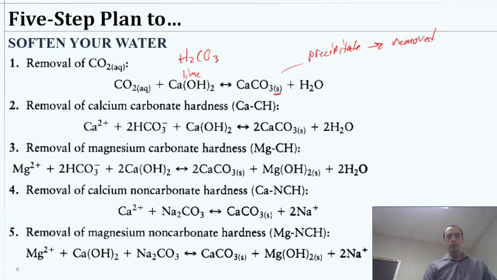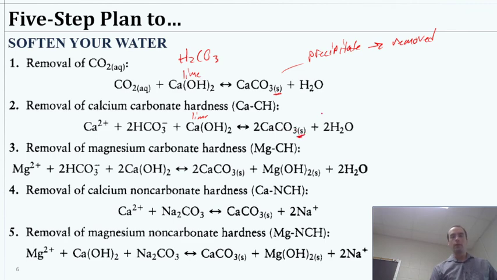Okay, I'm going to back up here, try to make some sense out of that. So we have a reaction where we can take calcium and bicarbonate, in this case 2 bicarbonates, and our lime again. So if we are adding this lime, then we're going to be able to remove more CO2 essentially, but in the form of bicarbonate by precipitating more calcium carbonate solids, right?